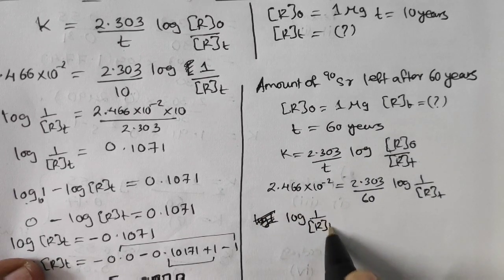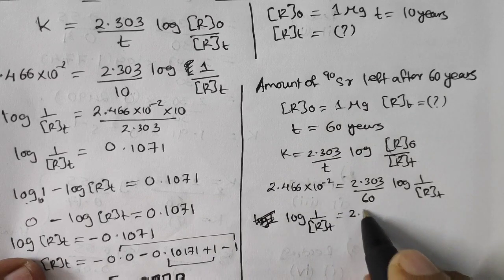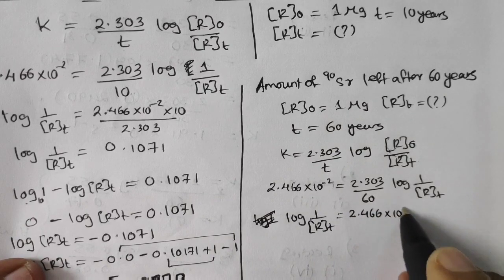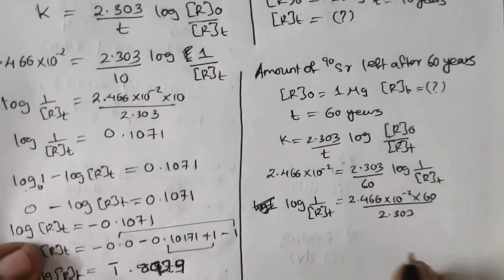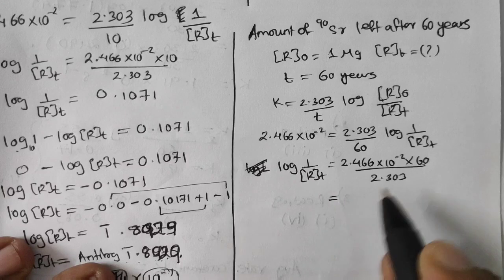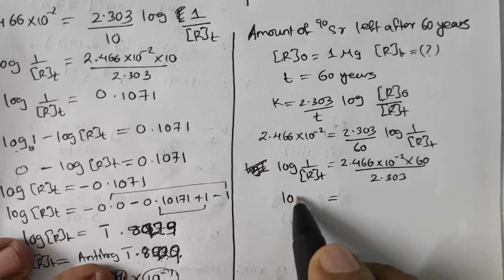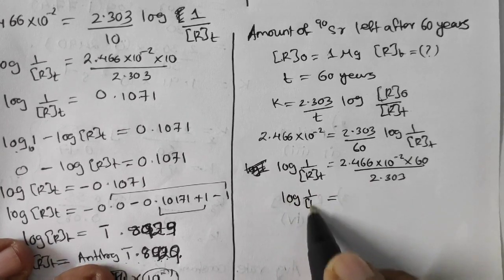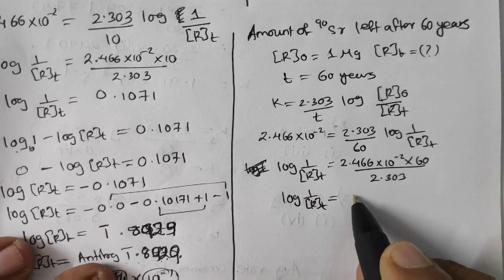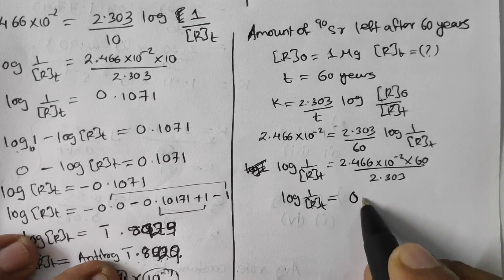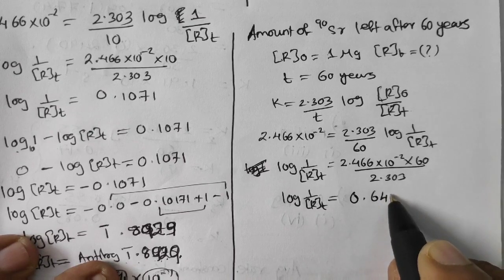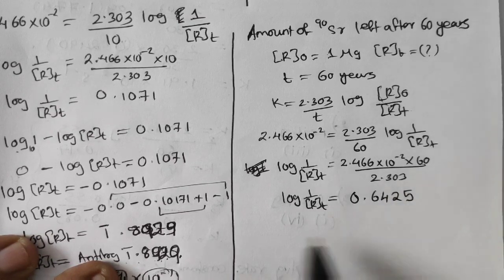If you simplify this, log 1 upon RT will be equal to 2.466 into 10 raised to minus 2 into 60 divided by 2.303, right? If you simplify this whole thing, you will get log 1 upon RT is equal to 0.6425, right?